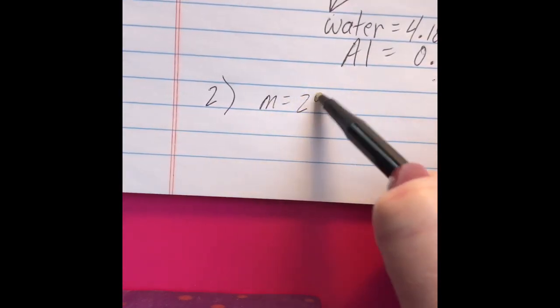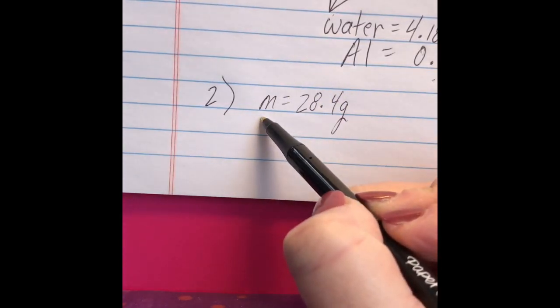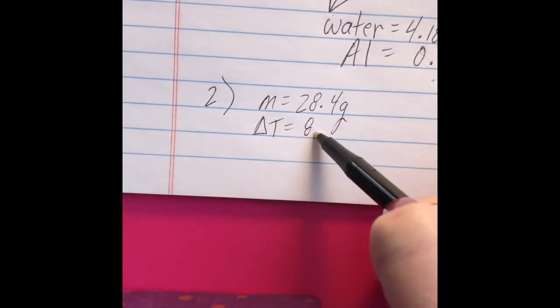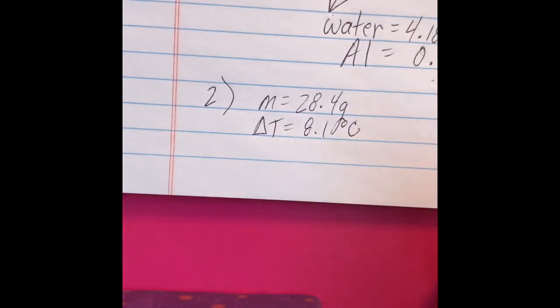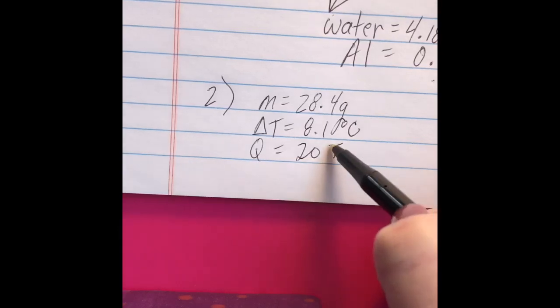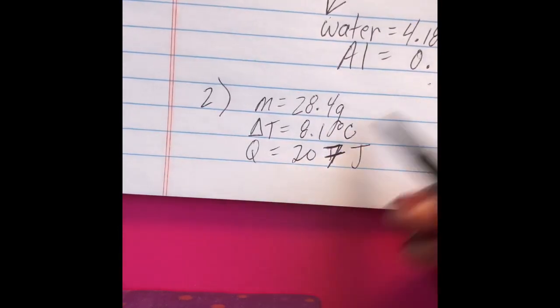I'm going to make a list of all the information given in the problem. We know the mass is 28.4 grams. They're talking about a temperature change of 8.1. The amount of heat added is 207 joules.